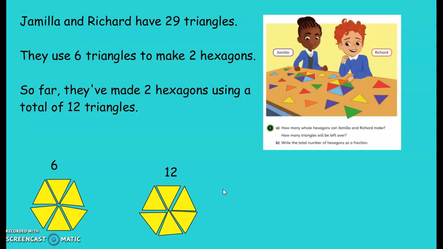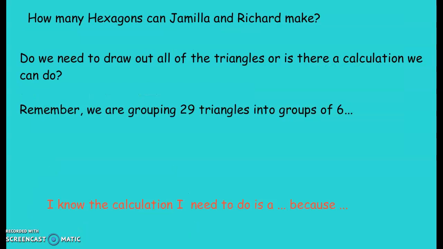And we've got 12 triangles out of the 29 have been used. So we need to figure out how many hexagons Jamila and Richard can make. Do we need to draw out all of the triangles, or can we use our mathematical skills to calculate the amount of triangles we can use to make hexagons?